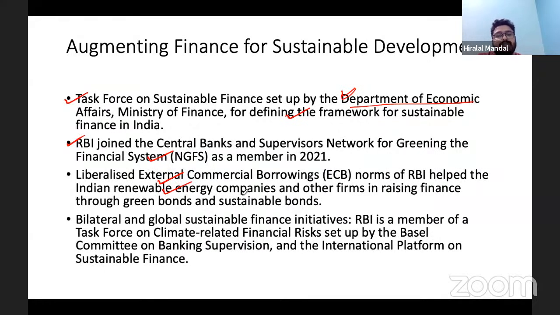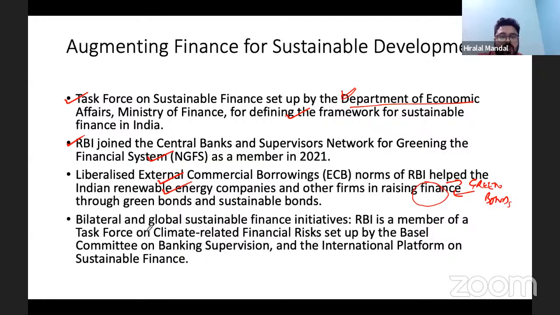Now the energy companies can issue green bonds in the international market and raise more money for financing their renewable energy projects. The government will also go for issuing green bonds in the domestic market to finance sustainable development projects in the country.